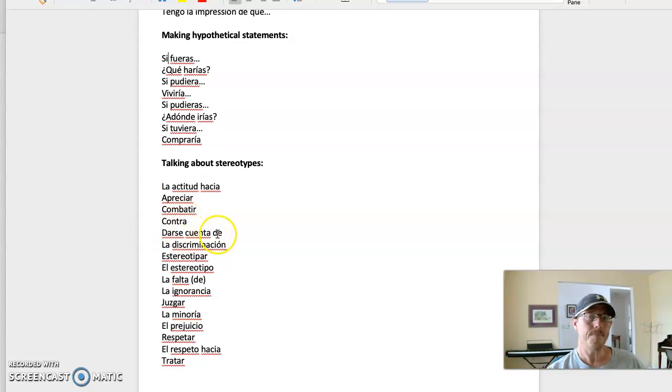Darse cuenta de, la discriminación, estereotipar, el estereotipo, la falta de, la ignorancia, juzgar, la minoría, el prejuicio, respetar, el respeto hacia, y tratar.